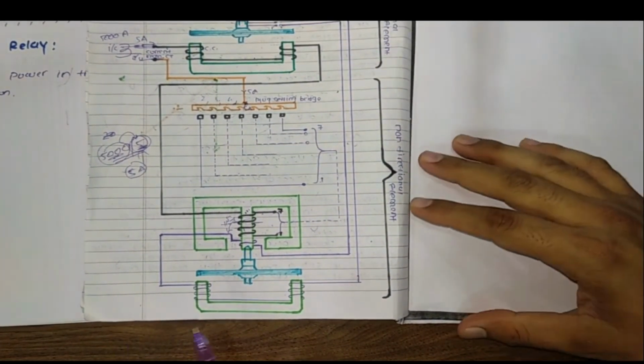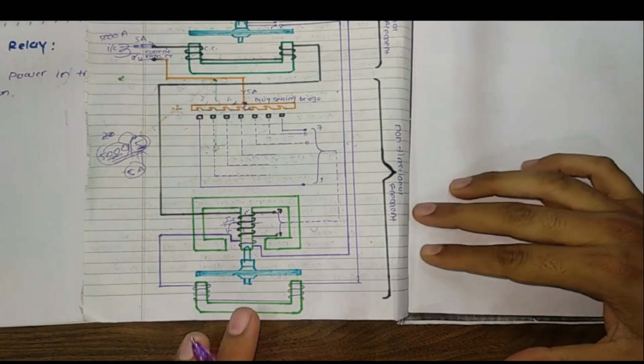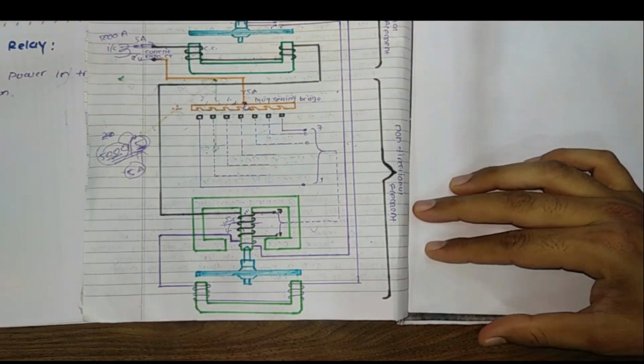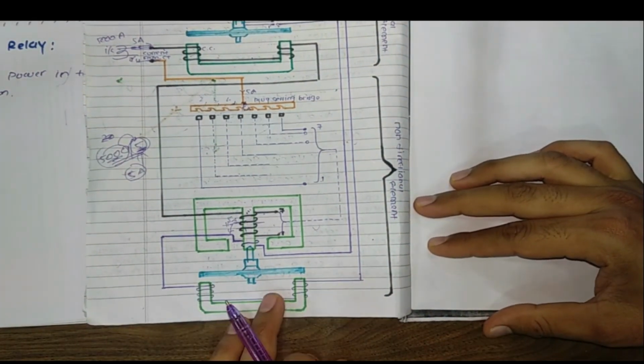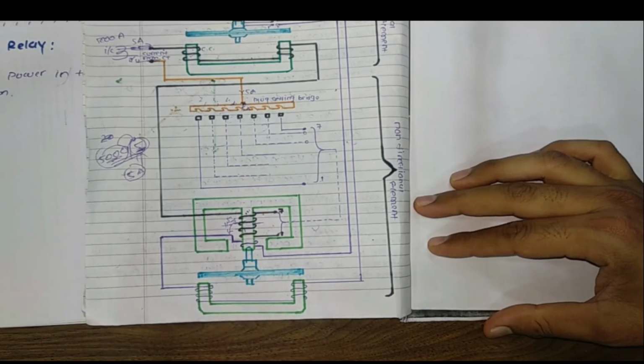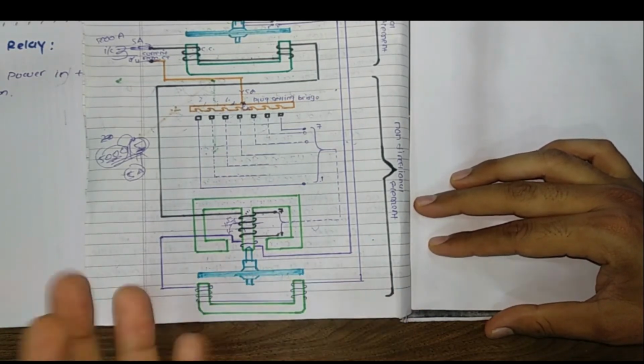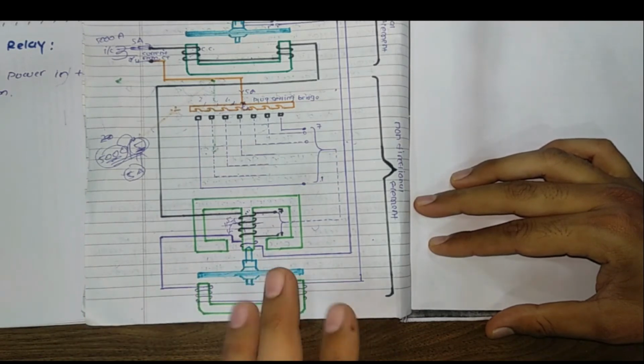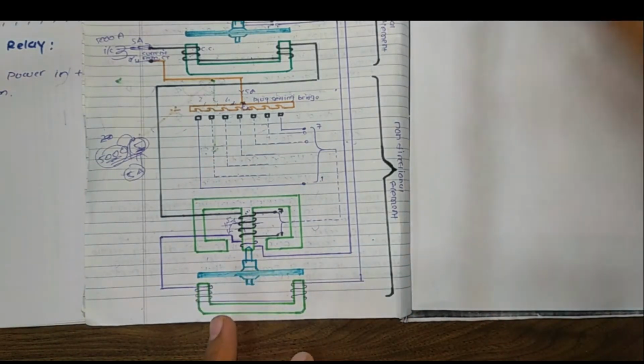The trip contacts are in series with the winding on the lower magnet of the non-directional element. So unless the trip contacts are closed by the movement of the disc of the directional element, the non-directional element cannot operate.